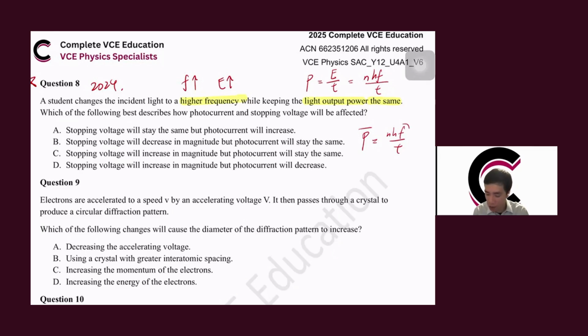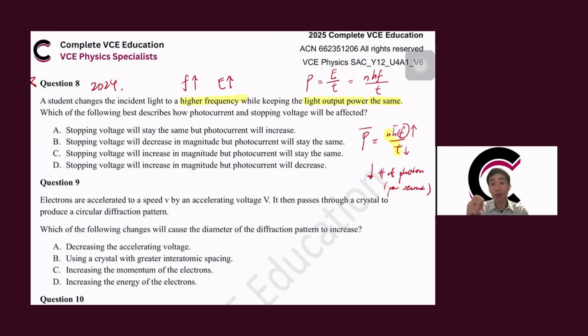Now you're changing the frequency to be higher. h is Planck's constant, it doesn't change, which means N over T should decrease to keep this equation balanced, to keep P, the power, constant. Now, what is N over T? N over T is the number of photons per second being shot out from the incident light. That means if we decrease N over T, we are decreasing the number of photons per second.